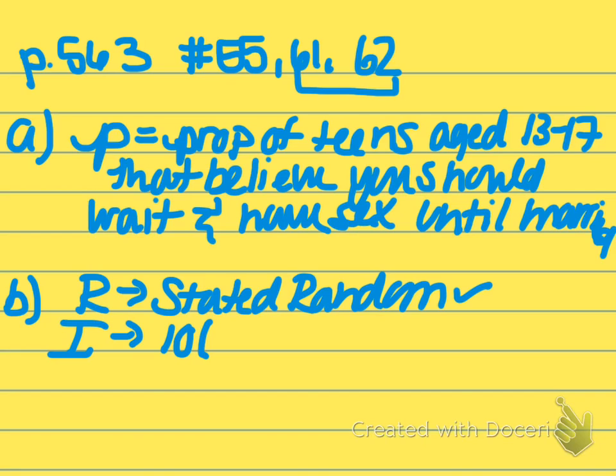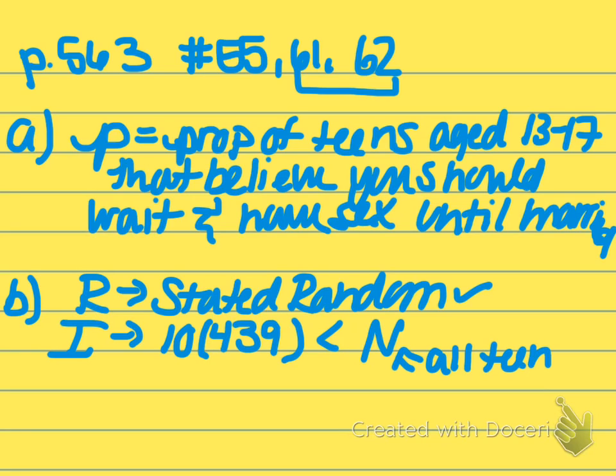You can find your little n in the output, and they actually say it as capital N in this one. So 439. Your output will never give you the population. The output of the Minitab needs to be less than capital N. This is all teens 13 to 17. N is your normal. Don't mess this one up now with your mu's.